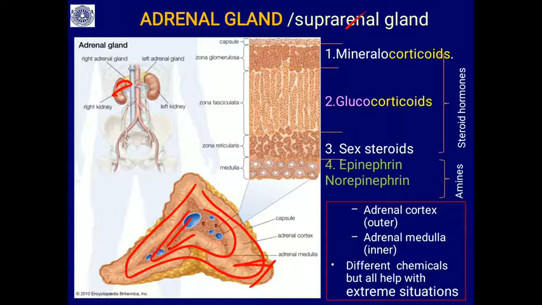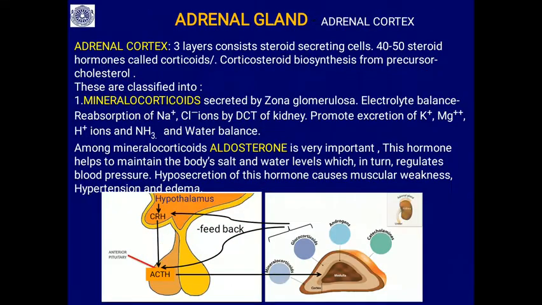The adrenal cortex has three types of cells: zona glomerulosa, zona fasciculata, and zona reticularis. Zona glomerulosa secretes mineralocorticoids, zona fasciculata glucocorticoids, and zona reticularis sex steroids. And the adrenal medulla secretes amine hormones, epinephrine and norepinephrine, adrenaline and noradrenaline.